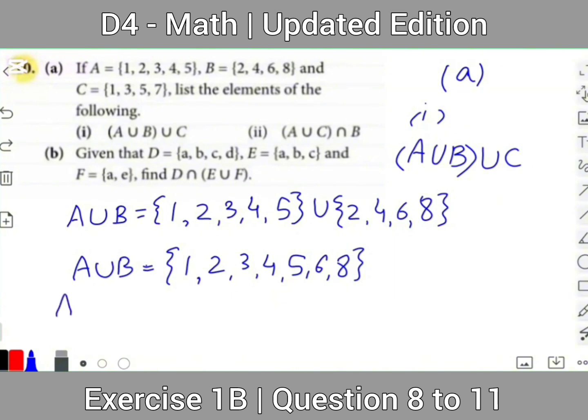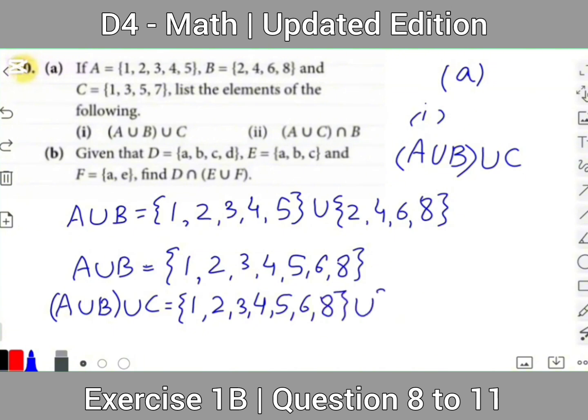Now we have to find out A union B union C. A union B is 1, 2, 3, 4, 5, 6, and 8. And the set C is 1, 3, 5, and 7.